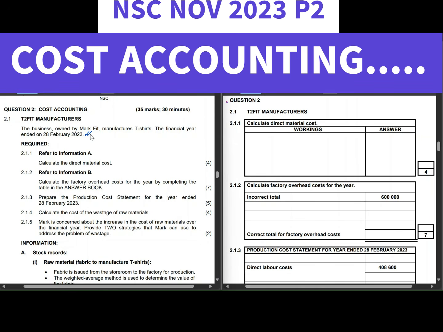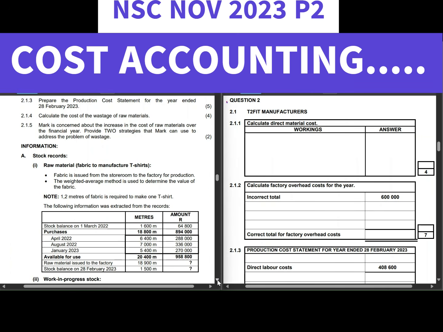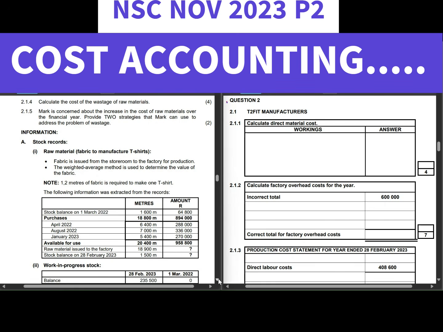Question 2.1.1 says calculate the direct material cost. So we're going to try and do everything and see if we can answer this question in good time. We come to information A, which gives us stock records, raw material, fabric to manufacture t-shirts.